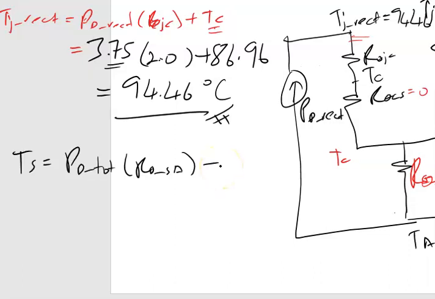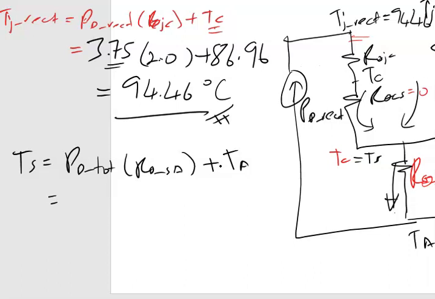So we take another point, TC or TS here, and TC and TS have the same value here, so we put it as TS. TS equals PD total that comes from your MOSFET, and also shared with your rectifier. So it will flow to your ambient. With this arrow, this is the equilibrium equation that happens here.